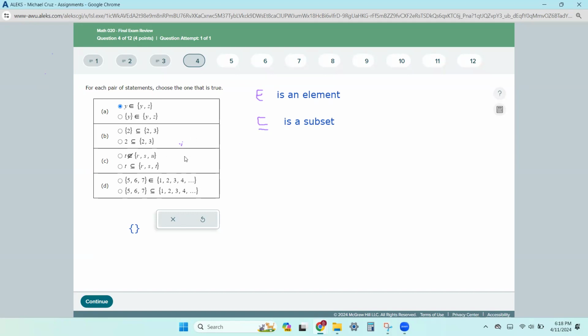The same thing here on B. They just got it kind of flip-flopped around a bit, but the top one is the set with a 2 in it is a subset of 2 and 3, and that's true because they're both sets. You do not use this one unless they are both sets.